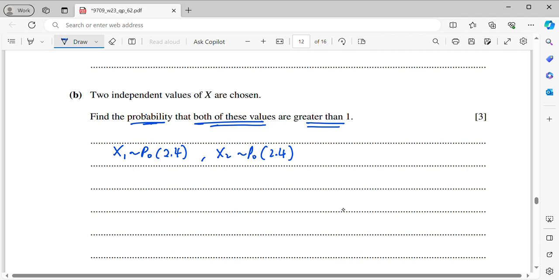Now, since both are greater than 1, I'm counting P(x1 greater than 1), and because of both values, I have to multiply with the next value, P(x2 greater than 1).